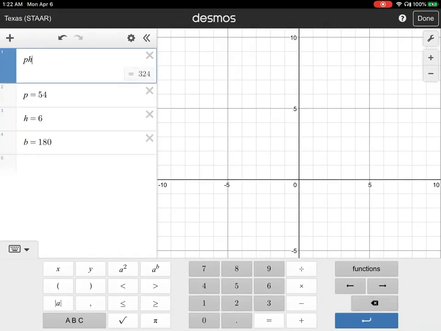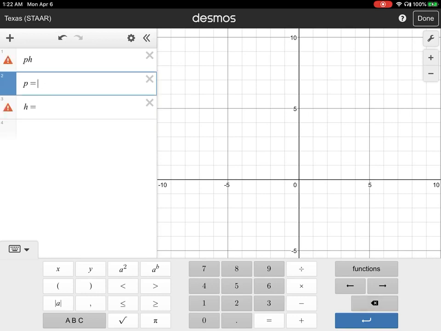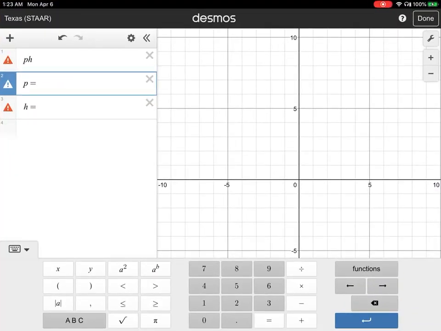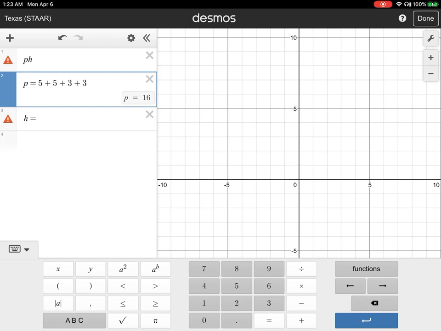I can adjust my formula. I can get rid of this B because I don't care about it. I can even make Desmos do the math for me. What is it? 5 and 3. So 5 plus 5 plus 3 plus 3. Look at that, P is equal to 16.